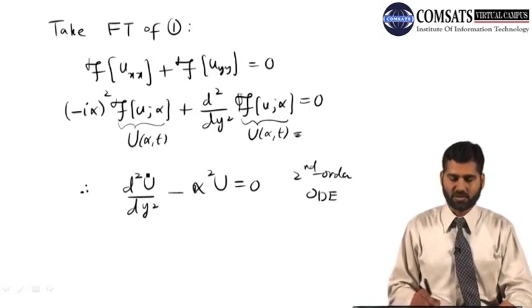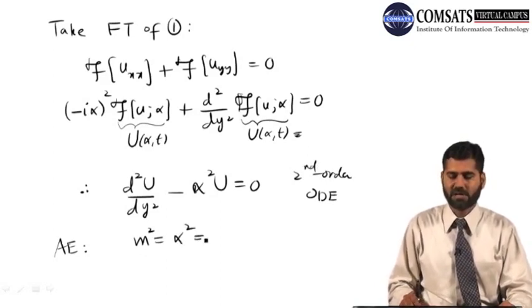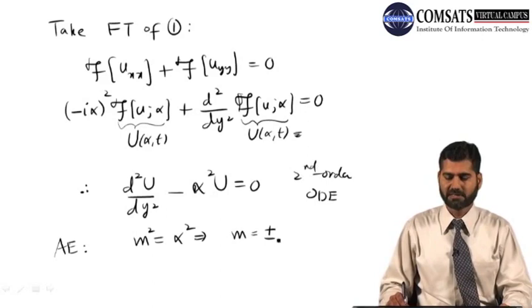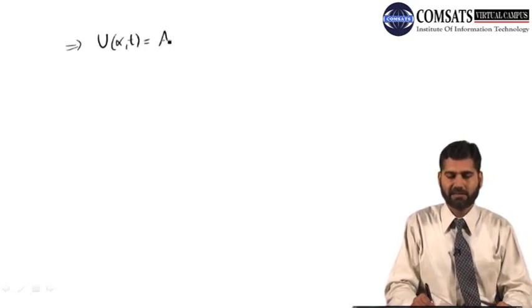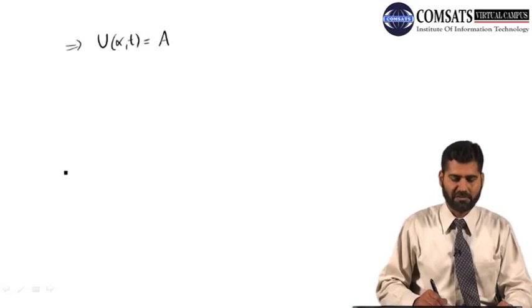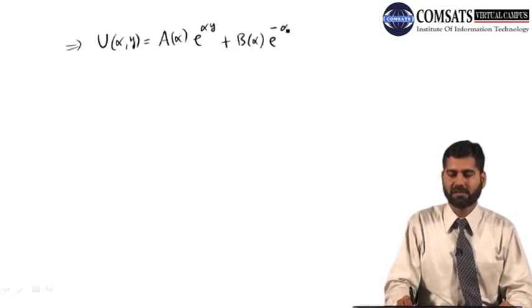Again, this is a second order ODE. By considering the auxiliary equation, I can write m² equals alpha², so m is equal to plus or minus alpha. This implies that U(alpha, y) is A(alpha) e^(alpha y) plus B(alpha) e^(minus alpha y).